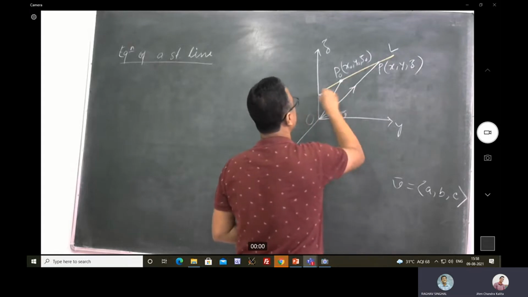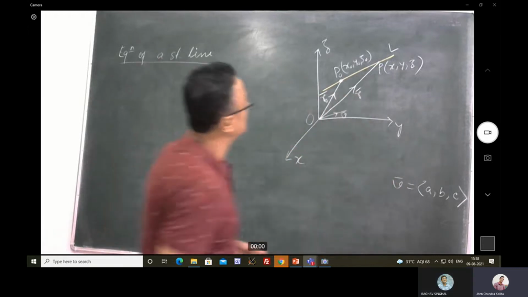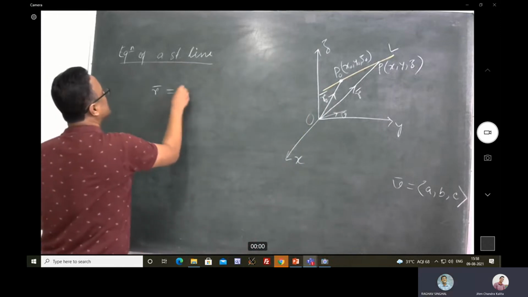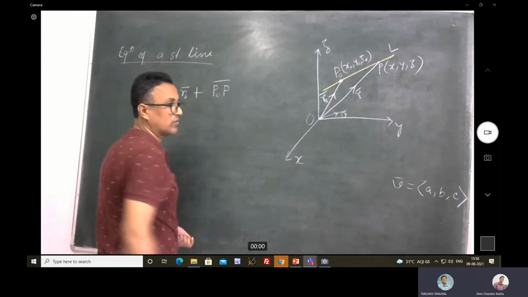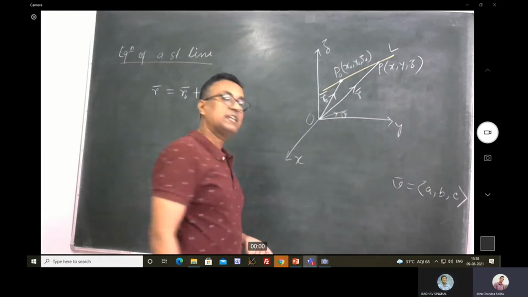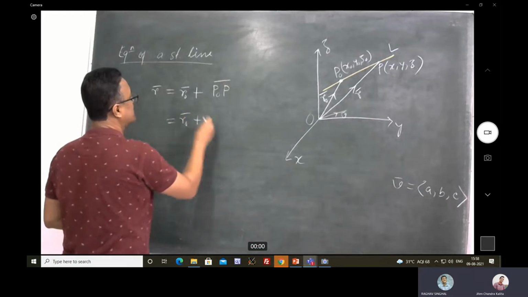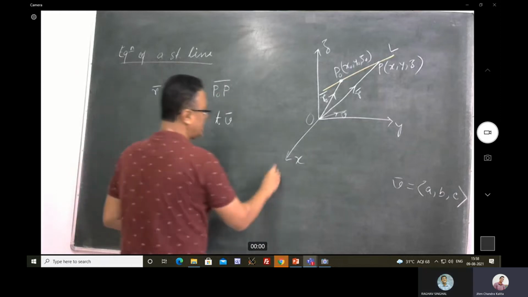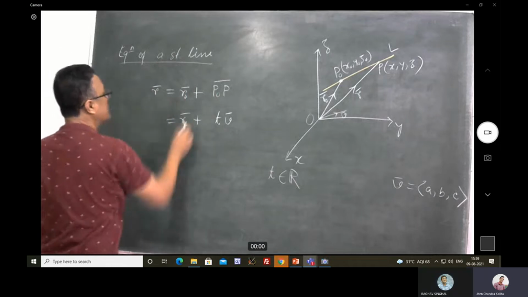I am going to call this fixed vector R naught and this variable vector R. From this figure, R is simply R naught plus P naught P. Since P naught P is parallel to the given vector V, it must be a scalar multiple of V, and that we take as tV, where t is a scalar, a real number.